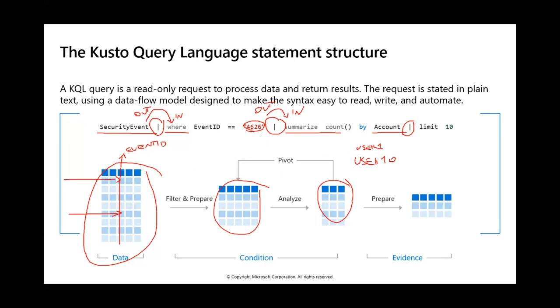But because I didn't specify a time range, I will expect to see more records, because they are looking at the same condition for user 1 and 10 when they are reporting 4626 events. And if these users are signing in and signing out on a daily basis, of course I will see historically a lot of records, hundreds or maybe thousands of records with these logon events. So if I'm looking for something really specific to a time range, we can specify other filters to use a specific time range, for example.